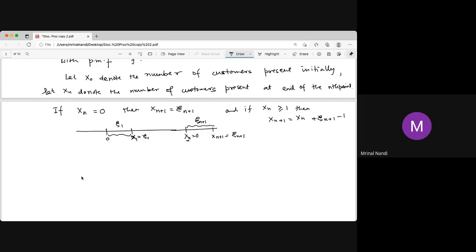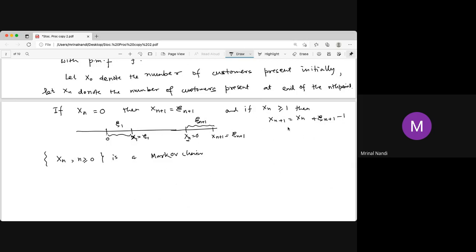Now xn is a Markov chain. Why is this xn a Markov chain? It is clear: once xn is given, xn plus 1 does not depend on xn minus 1.